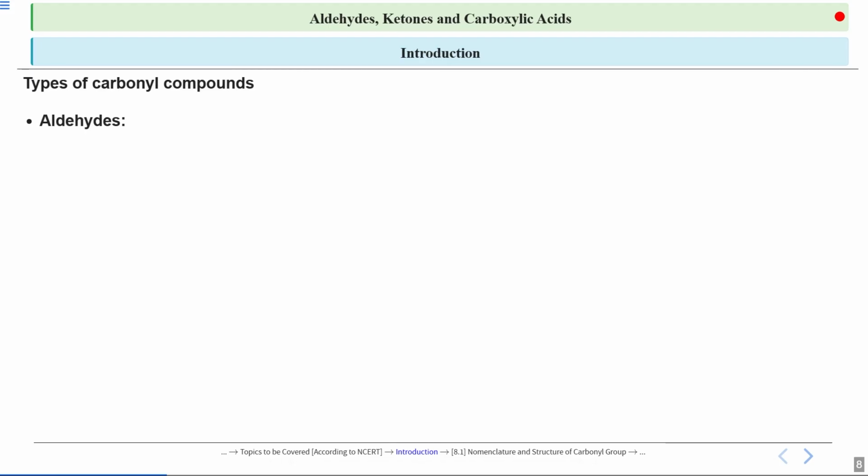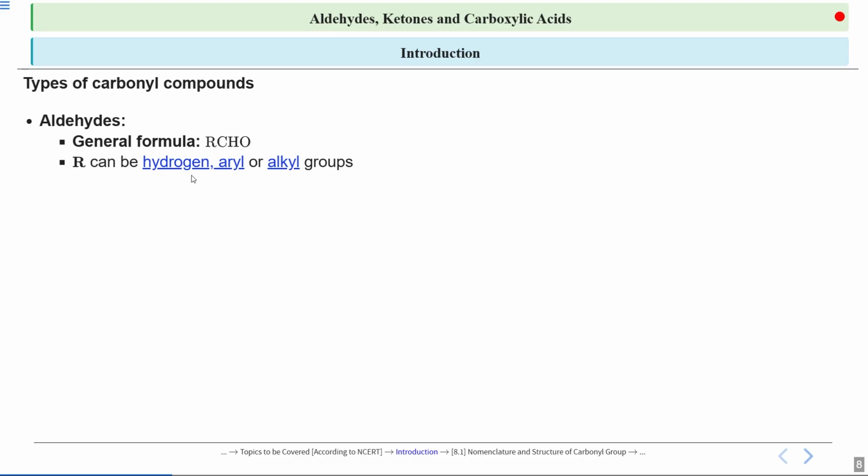So let's now see the types of carbonyl compounds. The first type which we will see is the aldehyde. If we talk about aldehydes, the general formula of an aldehyde is RCHO. This is how you denote aldehydes. Now this R over here can be either a hydrogen, an aryl, or an alkyl group.